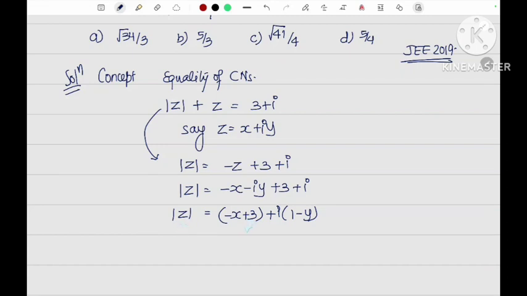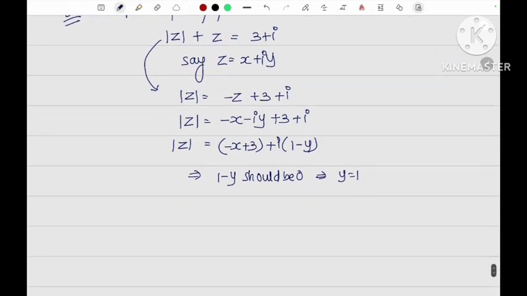If the left hand side is real, the right hand side should also be real. And for the right hand side to be real, the imaginary part of this complex number must be 0. That implies 1 − y should be 0, which means y is equal to 1.